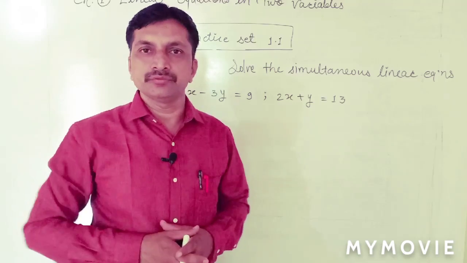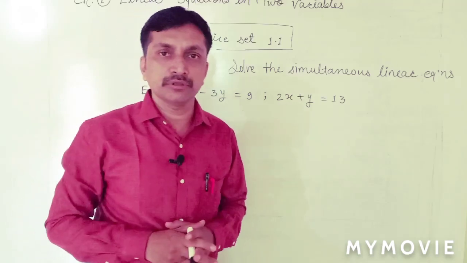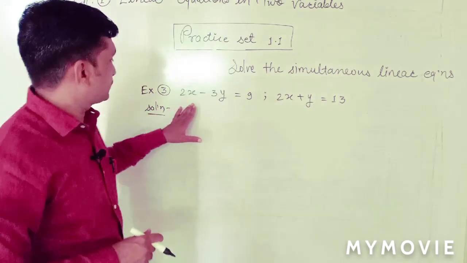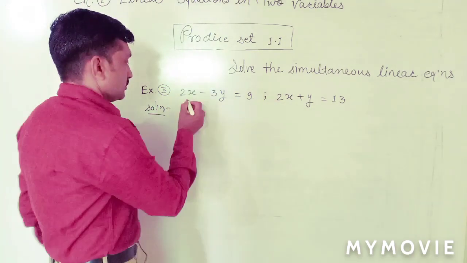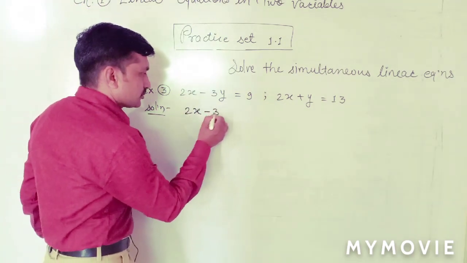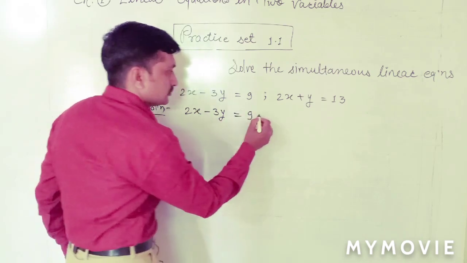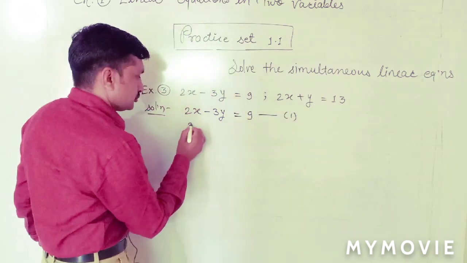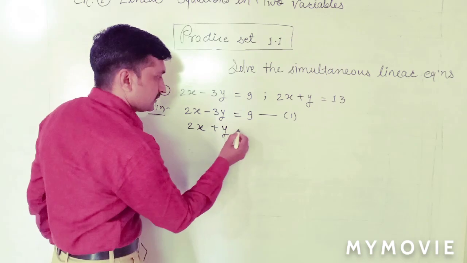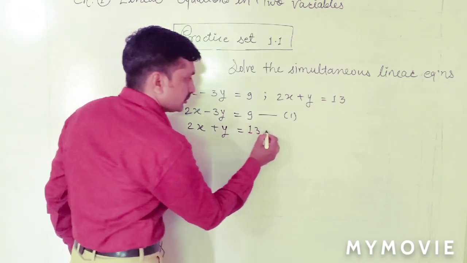Now we have studied two examples. Let's see example number 3. Example number 3 is here: 2x minus 3y is equal to 9, equation 1. 2x plus y is equal to 13, equation number 2.